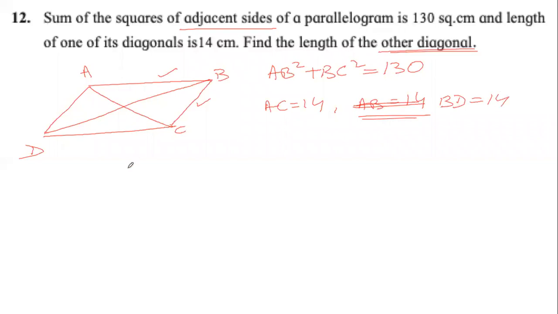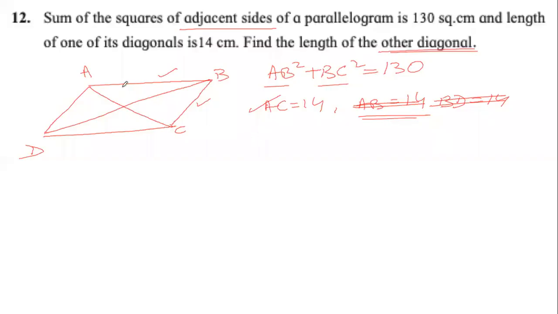If we take AC equals to 14, we can consider the adjacent sides AB and BC. If BD is equal to 14, we can consider the adjacent sides AD and AB. So it doesn't matter at all. So let us continue with the diagonal AC and the consecutive, the adjacent sides AB and BC.